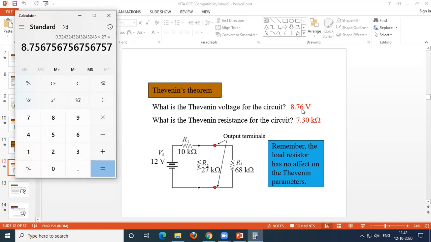Then we have to find out the value of the Thevenin's resistance for the circuit. To find the Thevenin's resistance, we remove that RL, and after removing RL we look from the RL side towards R2 and R1. During that time, the voltage source is replaced by its internal impedance.